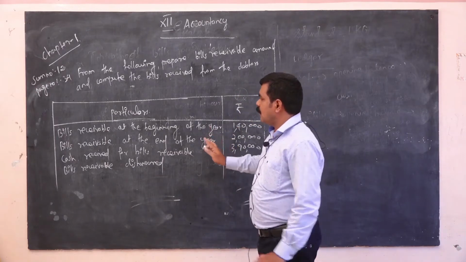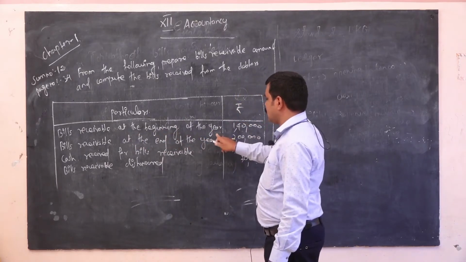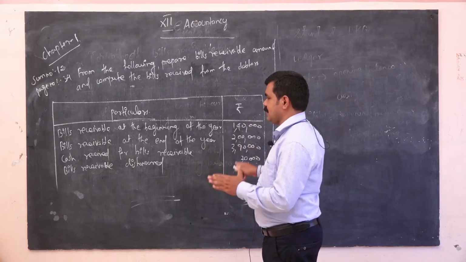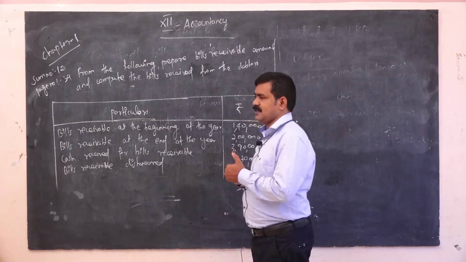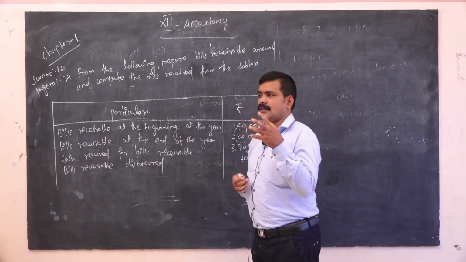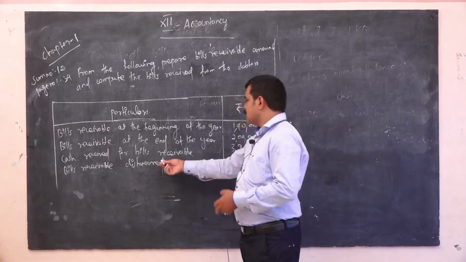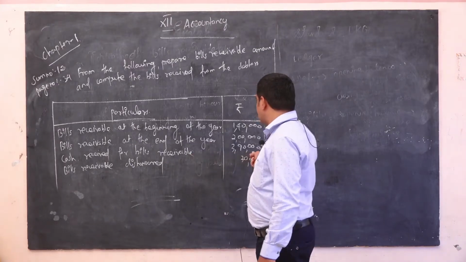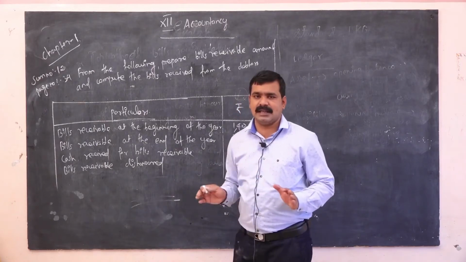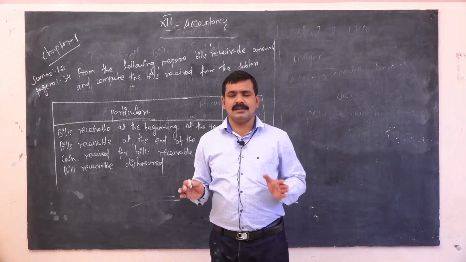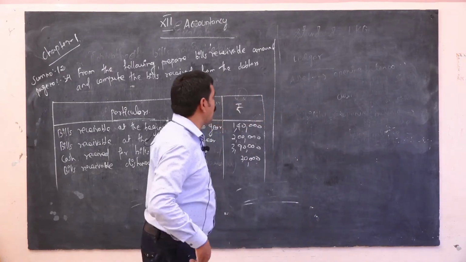Bills receivable at the beginning of the year, that is opening, were 1,40,000. Bills receivable at the end of the year, 2 lakh. Cash received for bills receivable, already accepted bills, is 3,90,000. Bills dishonored, meaning not accepted, amount is 30,000. Now going to solve the problem.